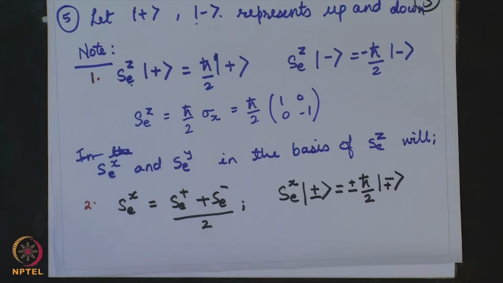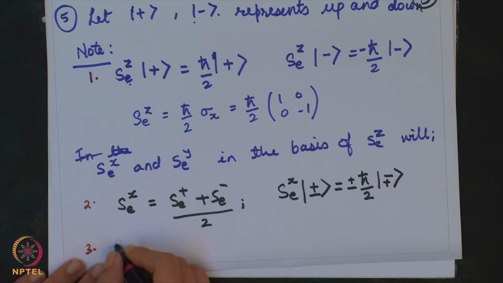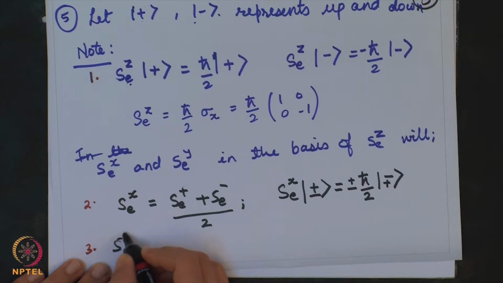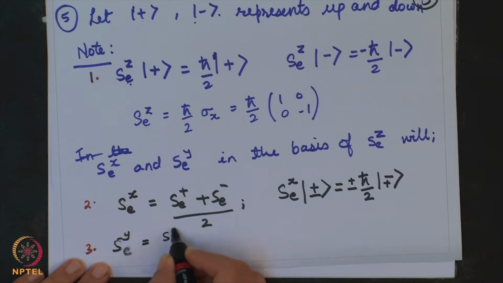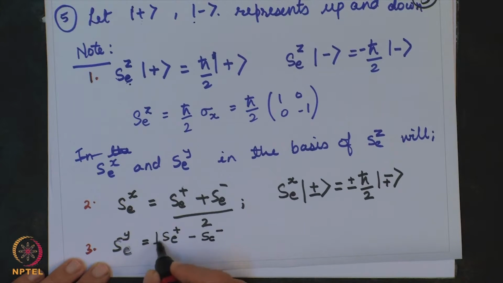Okay. So, continuing with this, the third point I would emphasize here, coming back to the Se, is Se plus minus Se minus, and here I will have a factor of 2i.